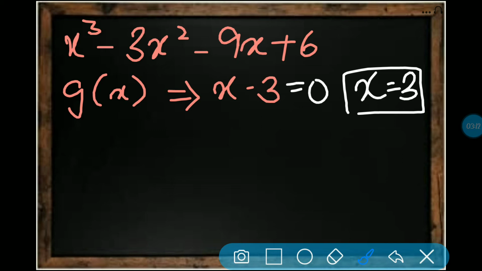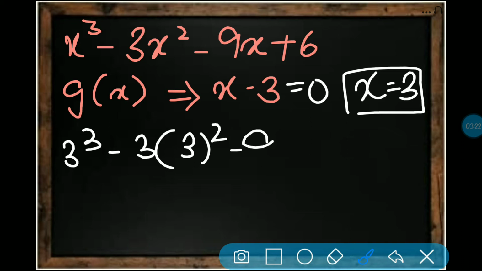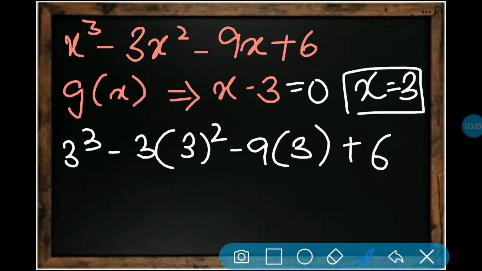Now wherever you find x in this equation, you will substitute there 3. So 3 cube minus 3 into 3 square minus 9 into 3 plus 6. Now what will be your result? 3 cube is 27 minus, so actually here we have 3 power 1 into 3 power 2, 3 power 3, right?